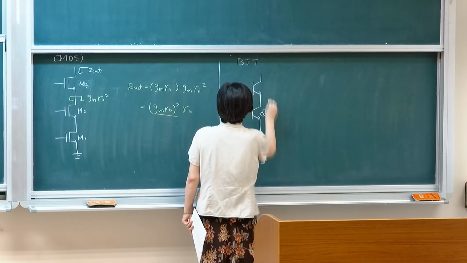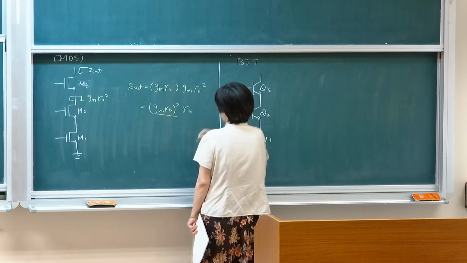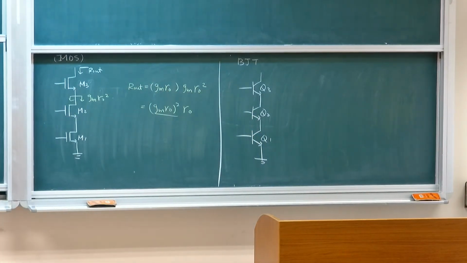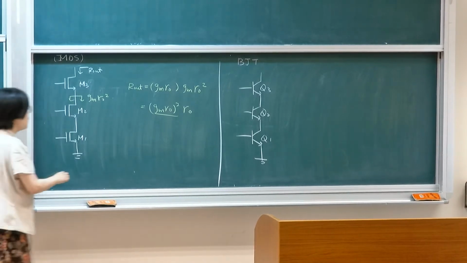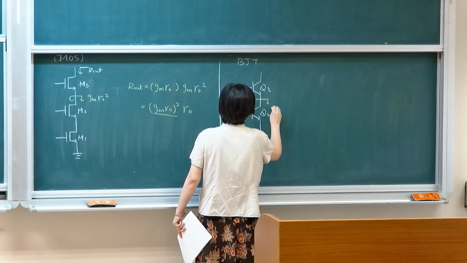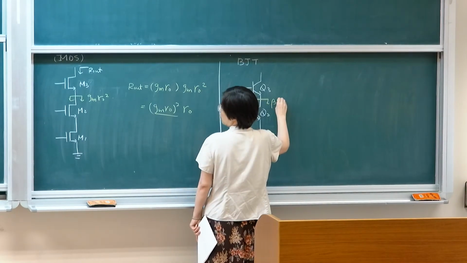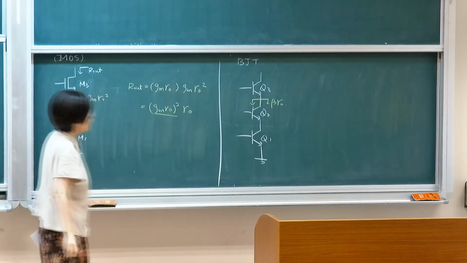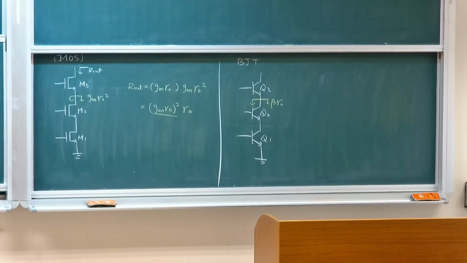Q1, Q2, Q3. Okay? So if I'm looking down, I already know this answer. I already know that this will be beta RO. If you're looking down, it should be beta RO.